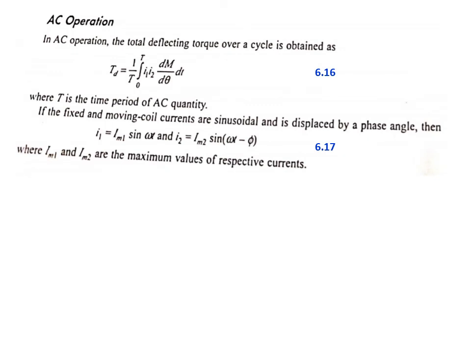If the same instrument is operating on AC, then you have to take the average over a cycle. That means Td = (1/T) ∫ from 0 to T of I1 I2 dM/dθ dt. If the fixed and moving coil currents are sinusoidal and displaced by a phase angle φ, then I1 = Im1 sin ωt and I2 = Im2 sin(ωt − φ), where Im1 and Im2 are the maximum values of the respective currents.